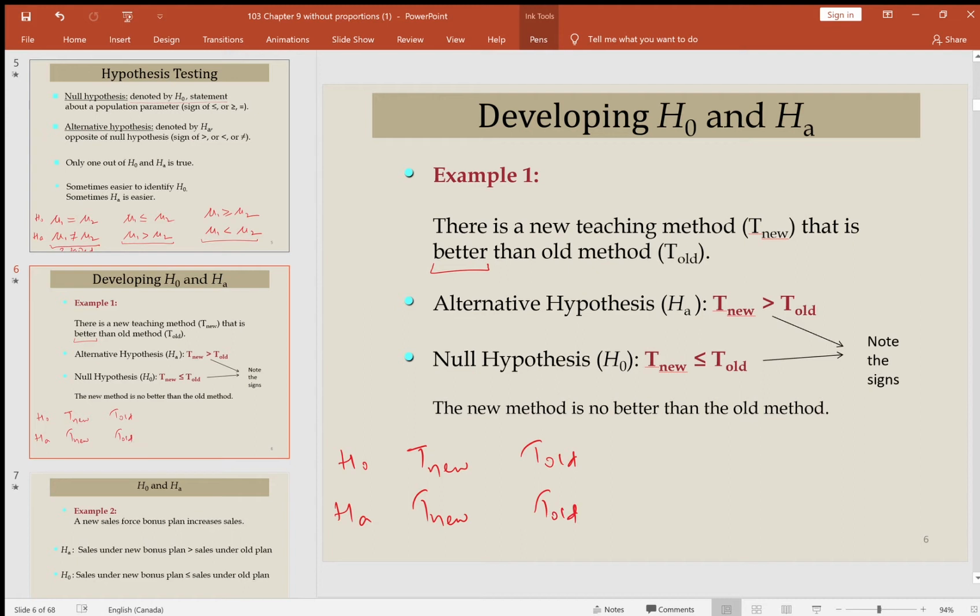So that means better is giving us a direction. So we can first formulate the alternate, and then the opposite is the null hypothesis. And this is a one-tailed test because we have this kind of a sign in the hypothesis.